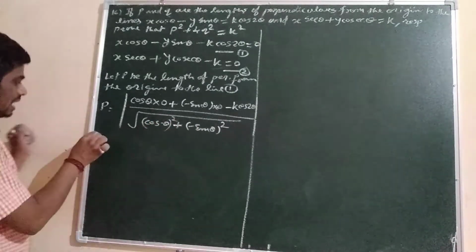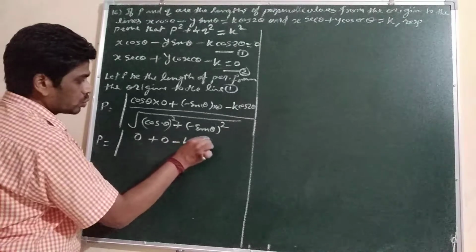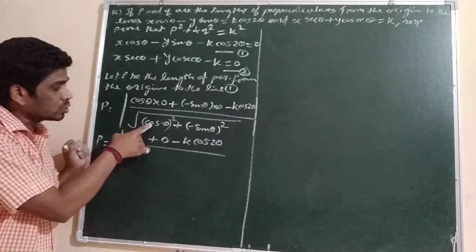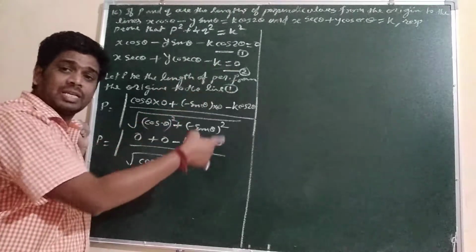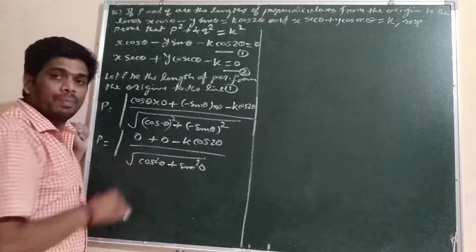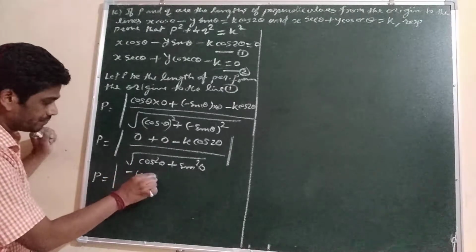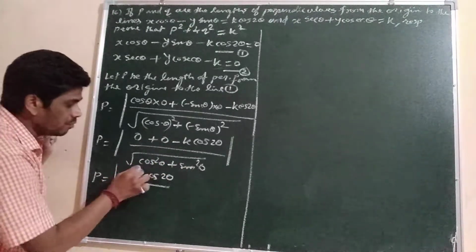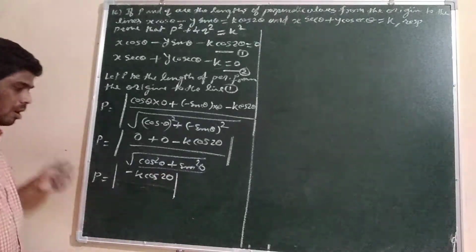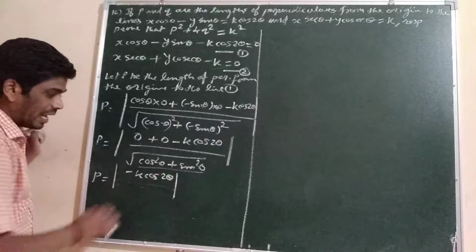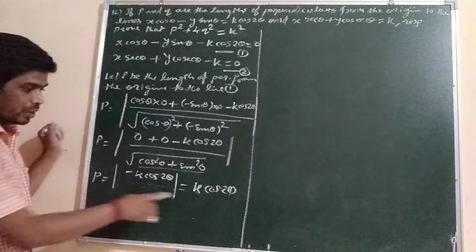In the next step, the numerator terms with 0 vanish, leaving minus k cos 2 theta, and the denominator is cos square theta plus sin square theta, which is 1. The square root of 1 is 1 only, so finally we get the modulus of minus k cos 2 theta, which is positive. So the p value we got is k cos 2 theta.